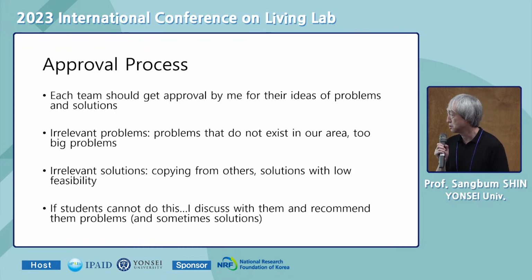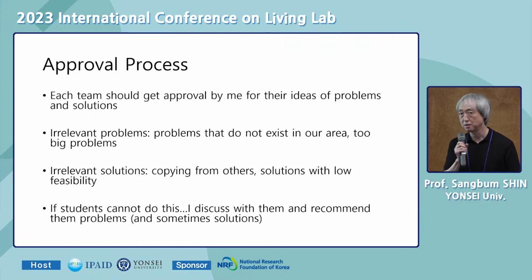Irrelevant solutions, copying from others, solutions with low feasibility: they just turn in their ideas and then get the grades. So if students cannot do this, eventually I discuss with the team and recommend some problems and sometimes some solutions, but this does not happen very frequently.